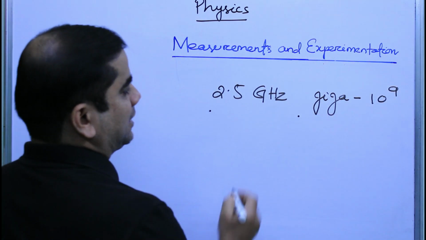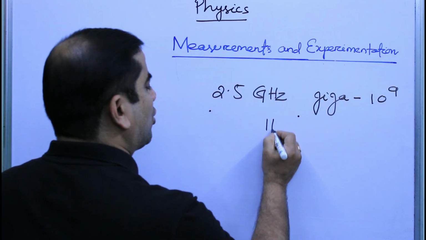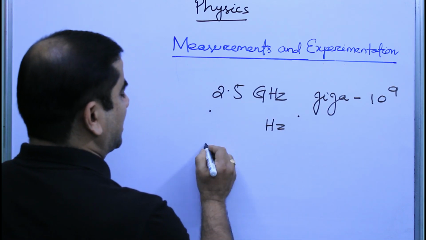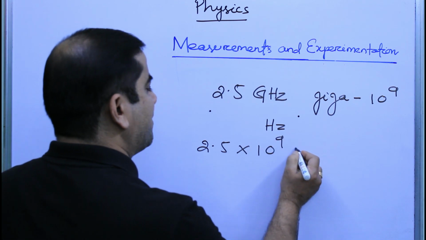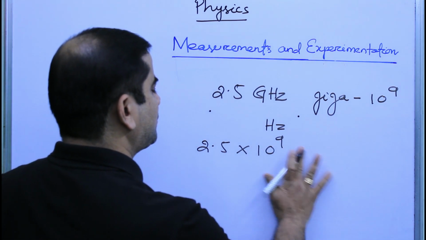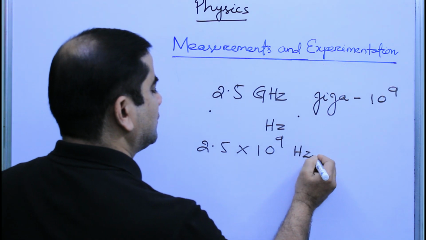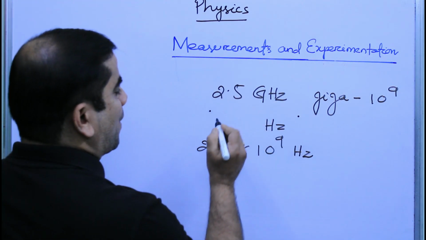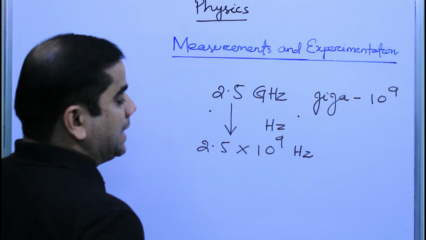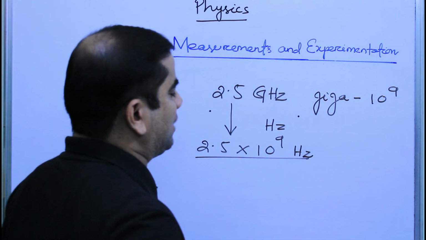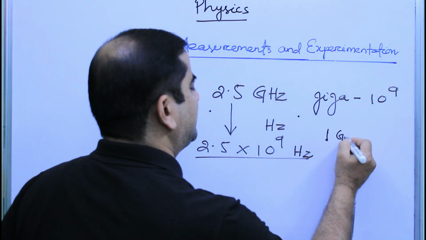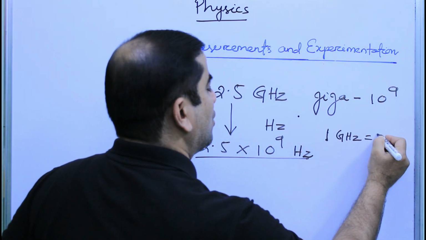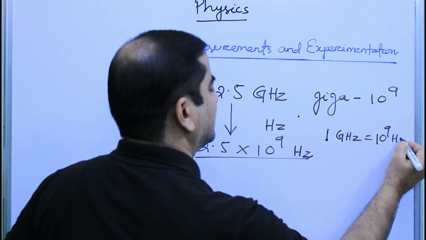So gigahertz, that means the basic unit is your hertz. So it is nothing but 2.5 into 10 to the power 9 hertz. Okay, so 2.5 gigahertz can be represented as 2.5 into 10 to the power 9 hertz, because 1 gigahertz is equal to 10 to the power 9 hertz.